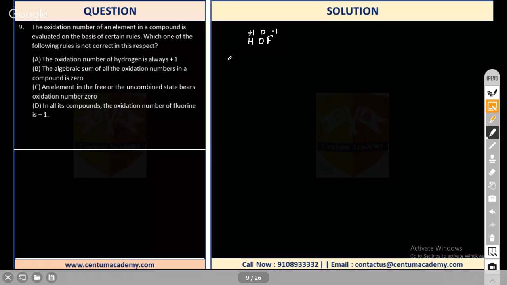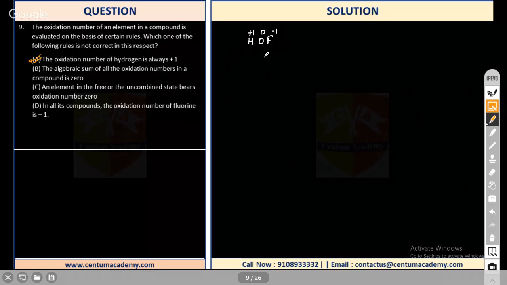So you must keep this rule in mind when assigning the oxidation number of any element: fluorine, being the most electronegative element, always has oxidation number -1. So if we have to choose between A and D, definitely D is wrong, so we'll go with option A.